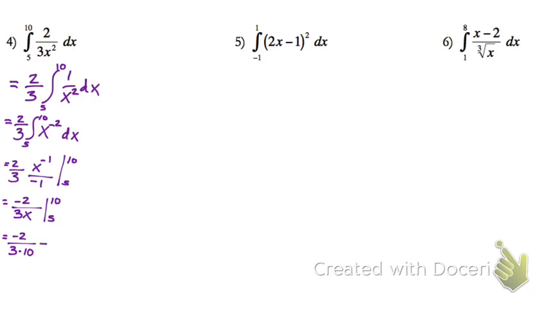Minus f of a, so negative 2 over 3 times 5. That gives me negative 2 over 30 plus 2 over 15. If I simplify, that's negative 1 over 15 plus 2 over 15 is equal to positive 1 over 15.